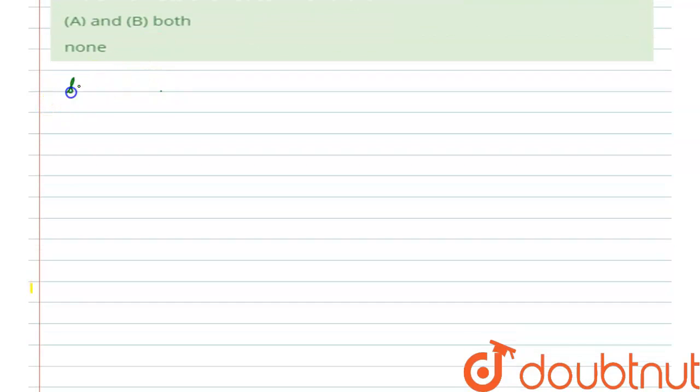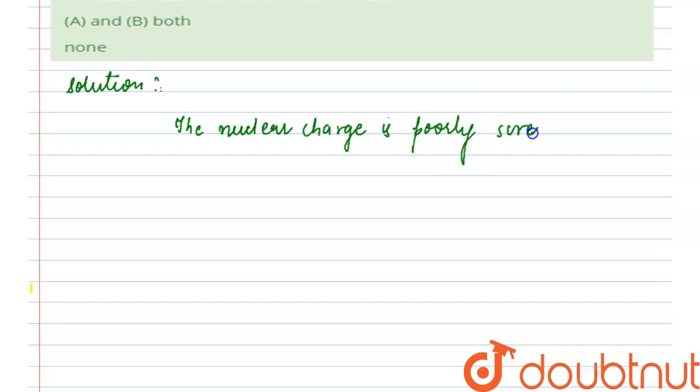Now, the reason is that the nuclear charge for d block elements is poorly screened or poorly shielded, right? And so all the electrons are attracted more strongly. So let me just write it down. The nuclear charge is poorly screened, or poorly shielded.